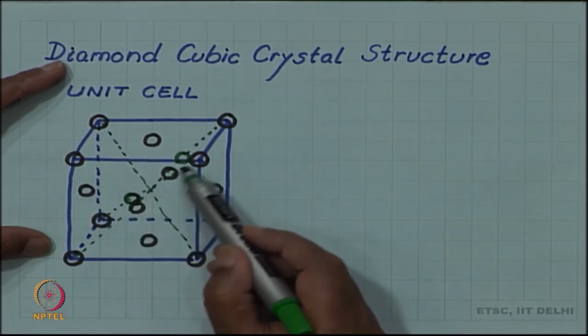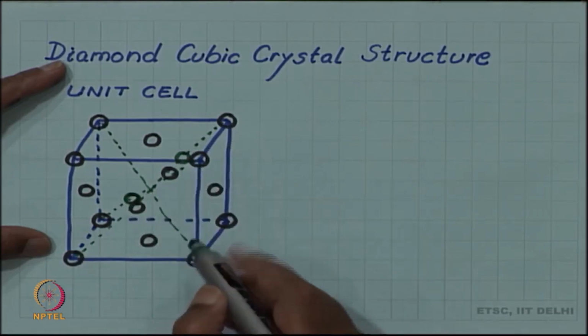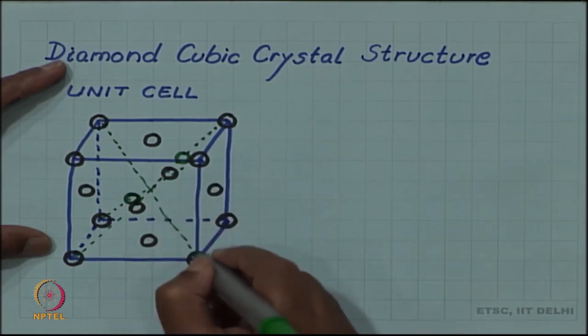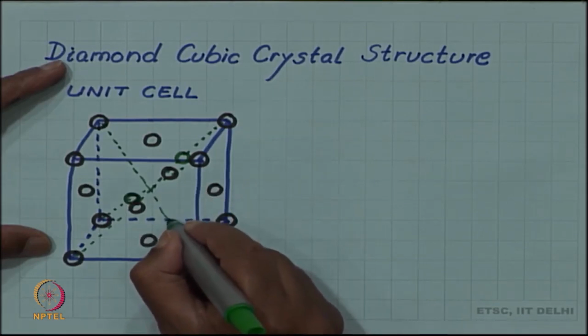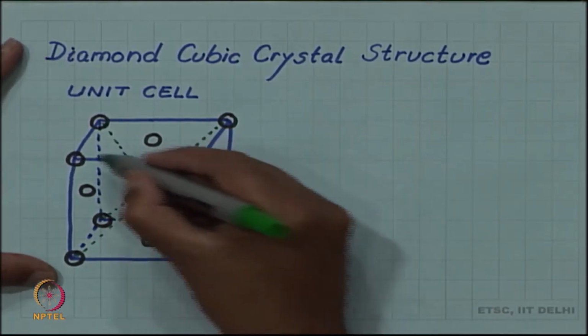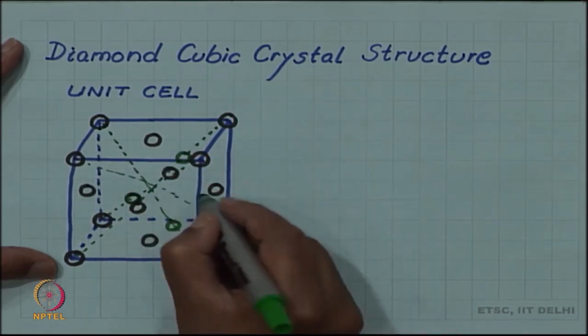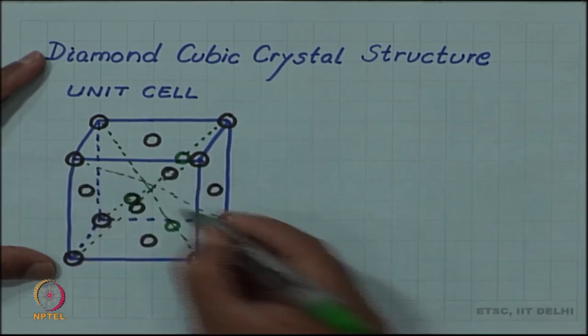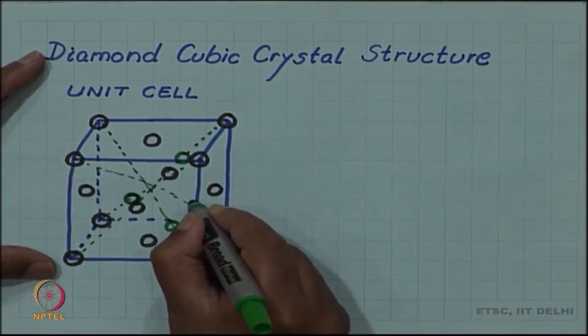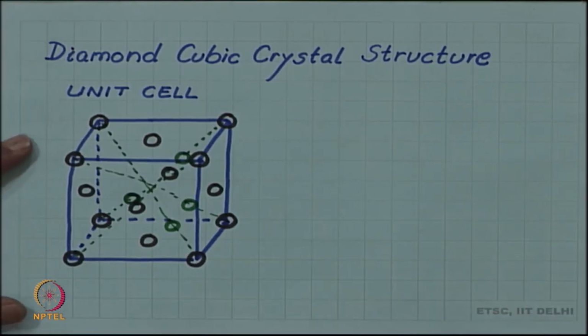So, I started with this body diagonal, placed 1/4, then on the next body diagonal I placed 3/4, and on the third body diagonal I again place 1/4. And the final, fourth and last body diagonal. I am sorry, my diagonal this time has become a little more curved, but anyway. So, I place another one there. The whole thing also has 4 additional atoms.